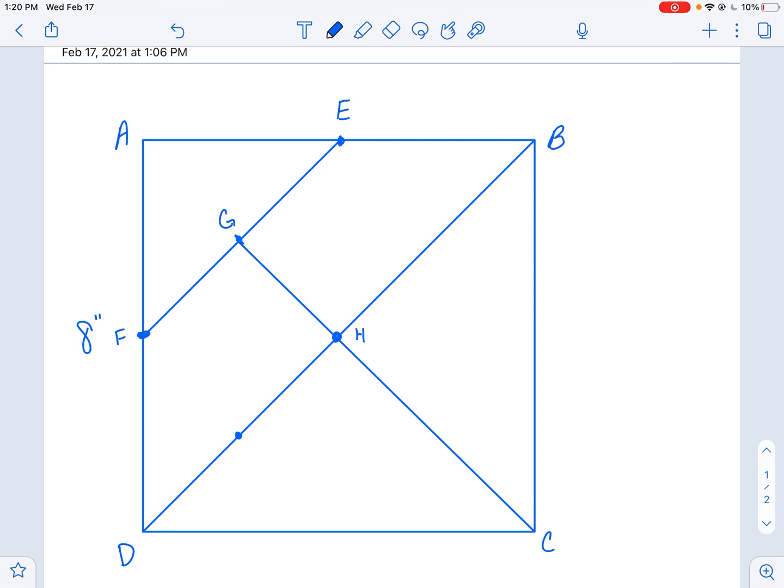I label that J. Now I'm going to draw FJ. That was step 10, to draw FJ.